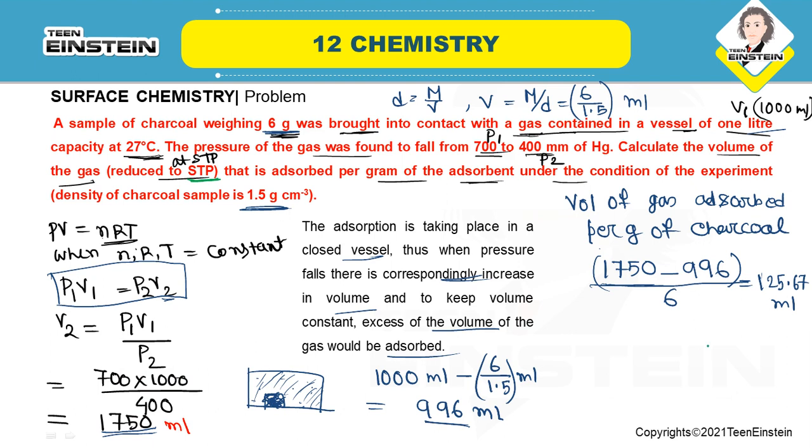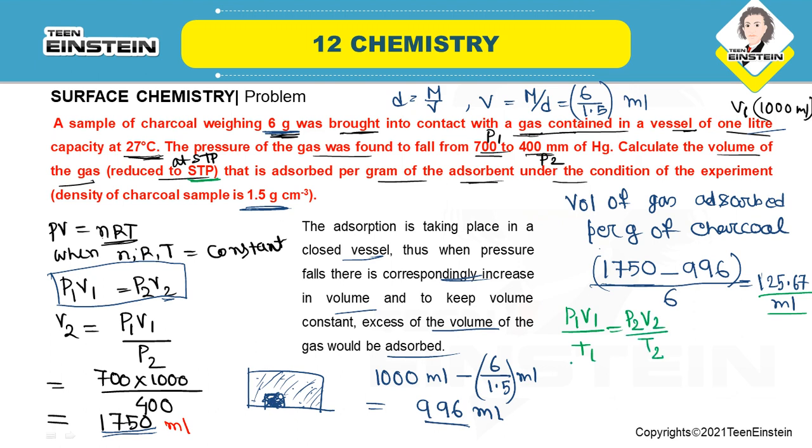That is, what will be the volume at STP, because this is the volume at the condition of the experiment, but it is asking what will be the volume at STP. So to convert it, we will take the help of the equation P1 V1 by T1 equals P2 V2 by T2.